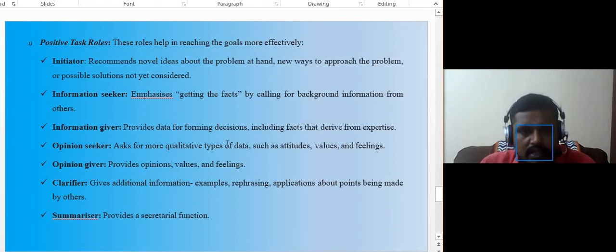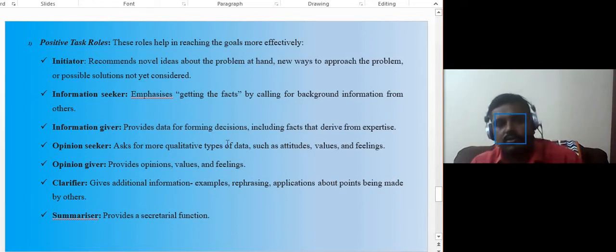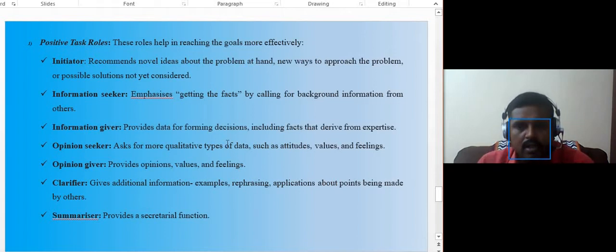So, the Initiator recommends novel ideas about the problem at hand, new ways to approach the problem, or possible solutions not yet considered. Next, the Information Seeker always emphasizes getting the facts by calling for background information from others.